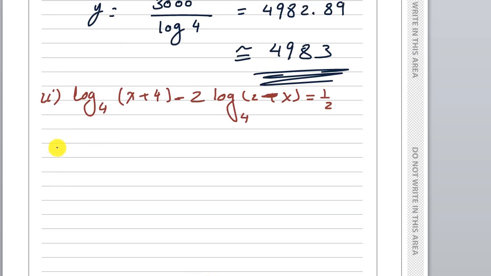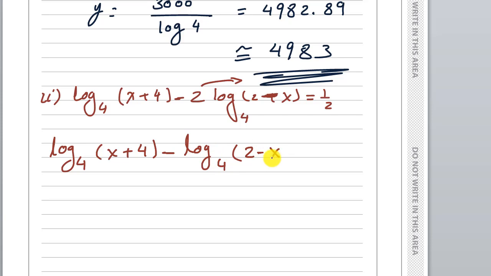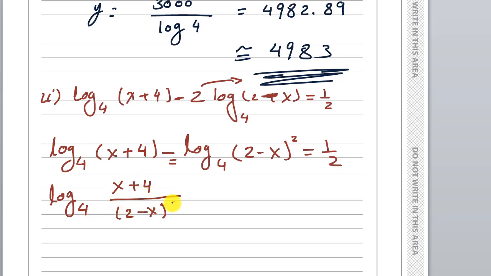The 2 will go inside, so log base 4 of (2 minus x) squared. The minus means divide, so log base 4 of (x plus 4) divided by (2 minus x) squared is equal to half.